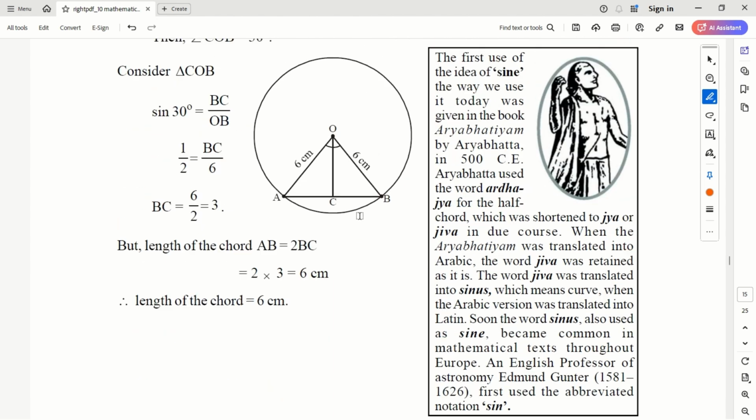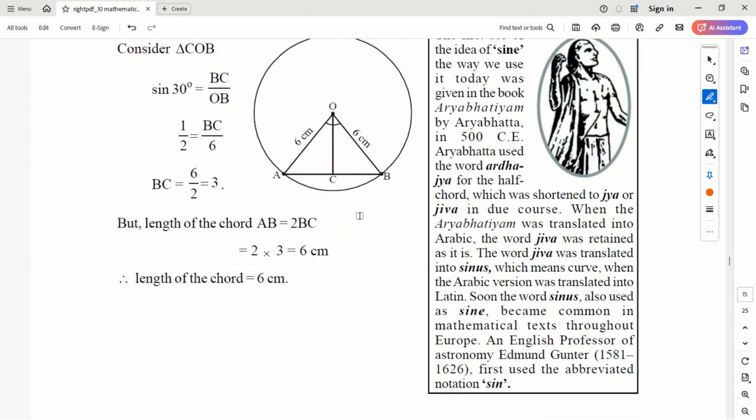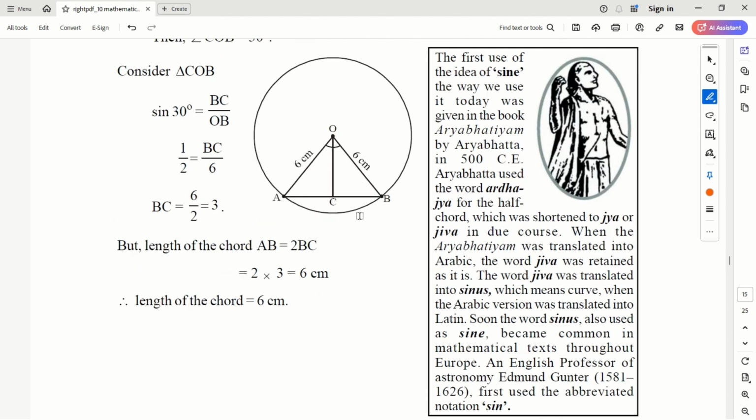So just a historical note, don't think that trigonometry is mainly coming from Europe actually. That's wrong. Most of the Europeans also thought trigonometry was from Persia or Arabic countries, Arabic knowledge, but it was there in India much before.